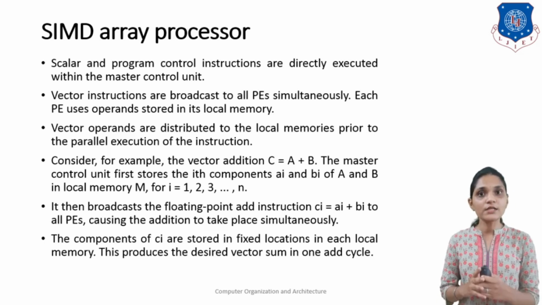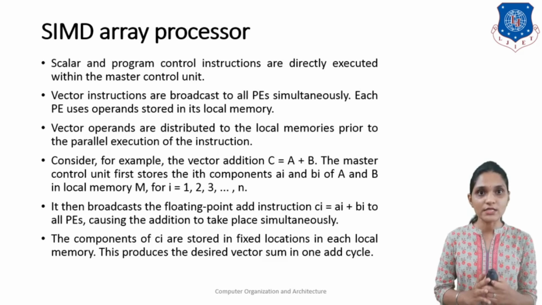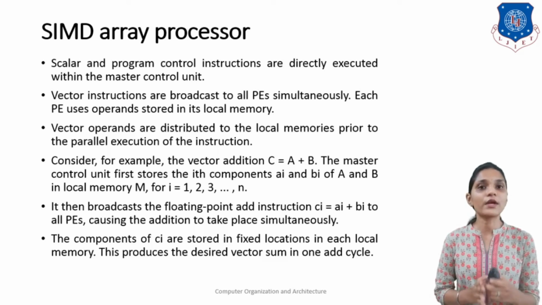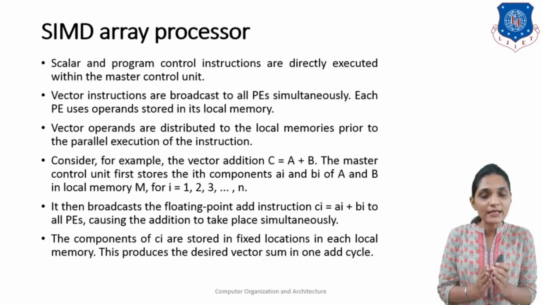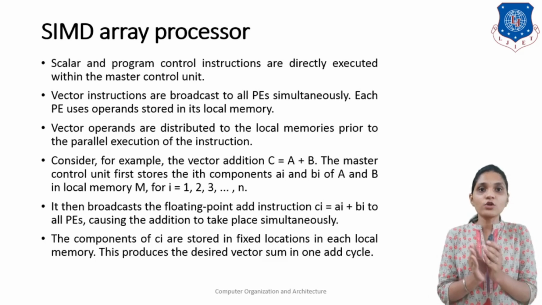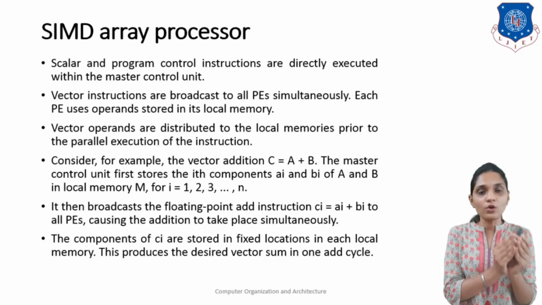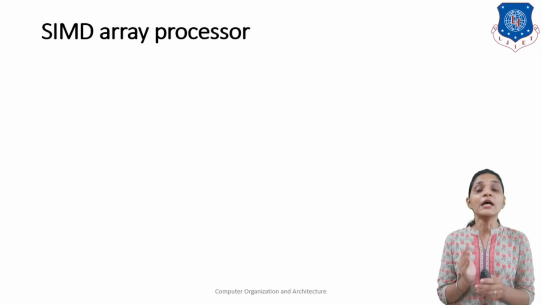The components of Ci are stored in a fixed location in each local memory, producing the desired vector sum in one add cycle. So in one add cycle, all of these additions are going to be completed and stored into its own internal memory, or you can say into its local memory.